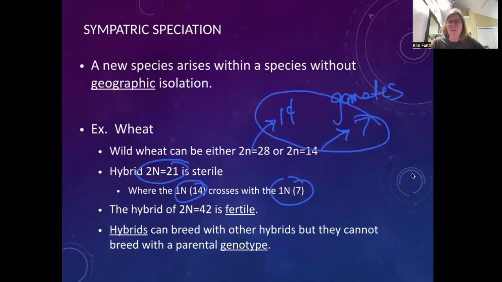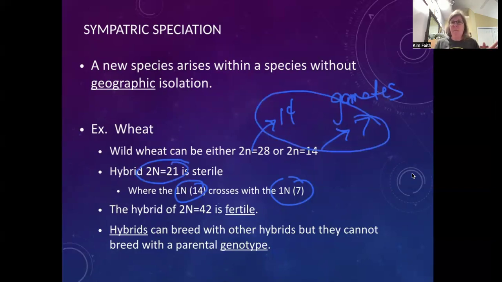So we had 2 different species of wheat, their pollen, sperm come together, and we have a hybrid. Now the hybrid is successful in that it's viable, living, however, it's sterile.